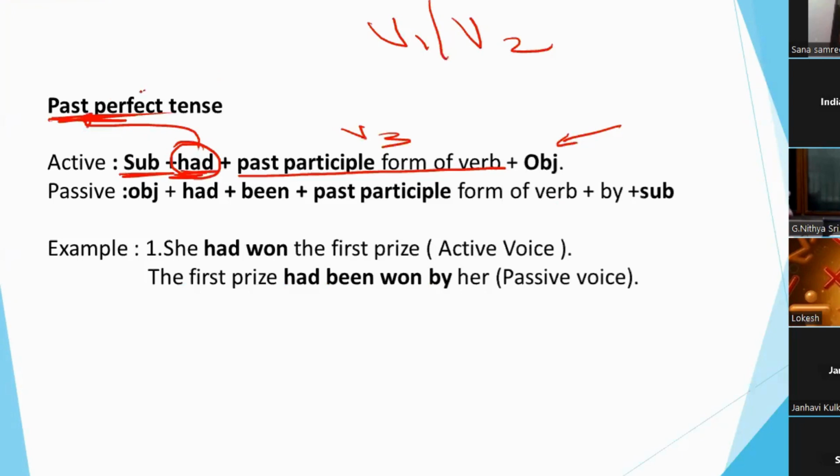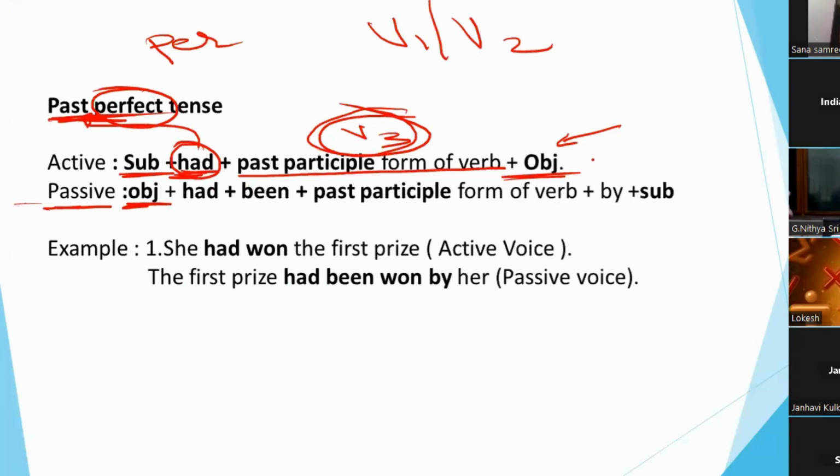But once you come across perfect tense, always use V3 form of verb in your active voice, then object. Whether it be present perfect, past perfect, or future perfect, always use V3. Perfect means V3 form. Got it?